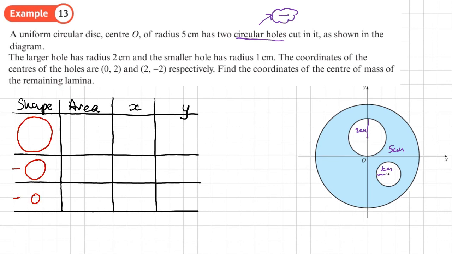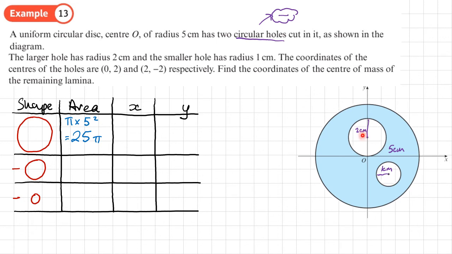We'll start with a table, and you can see in the first column I've drawn what the shapes are, and because I've got holes, I've put a minus here to remind me that I need to subtract these holes. We'll start with the whole circle, and the area, leaving it in terms of pi, is pi r squared, so pi times 5 squared, which is 25 pi.